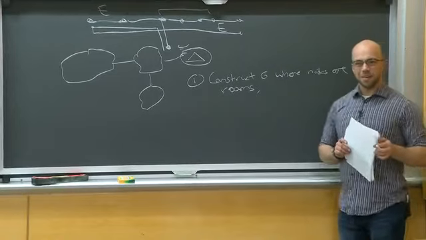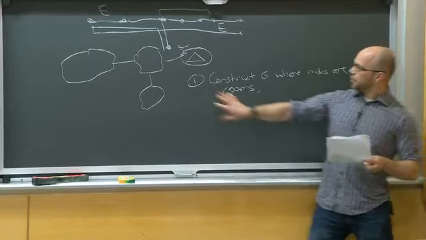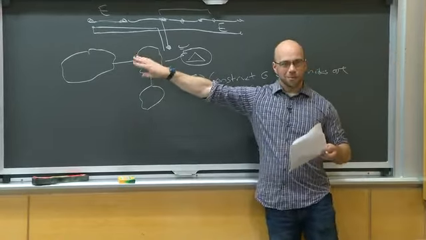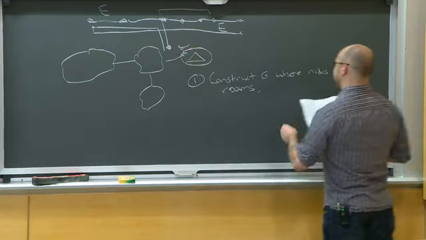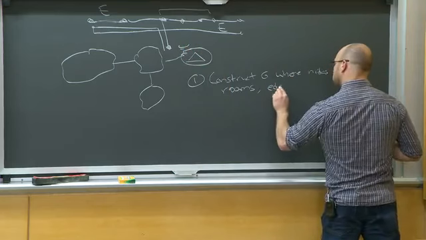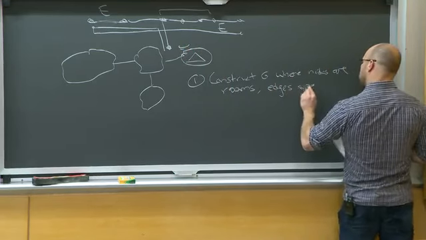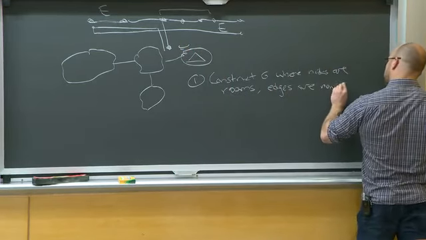And what should the edges be? Well, if I'm just trying to find these little clumps of rooms that I can visit for free if I get to any one of them, then the edges are the non-enchanted doors.